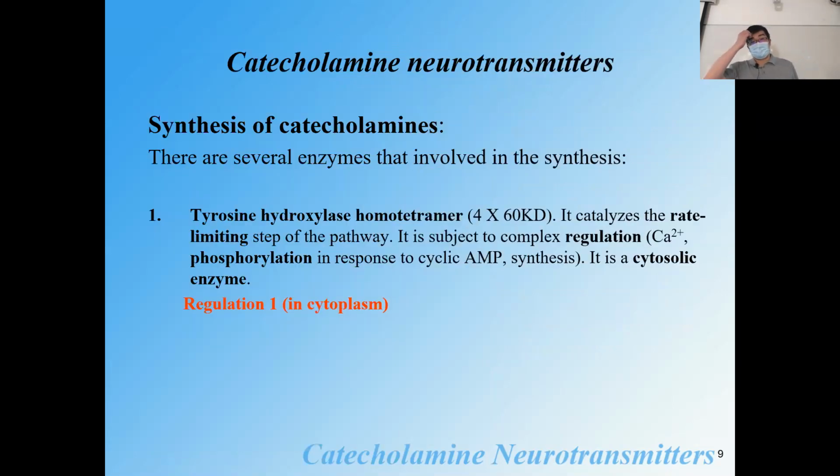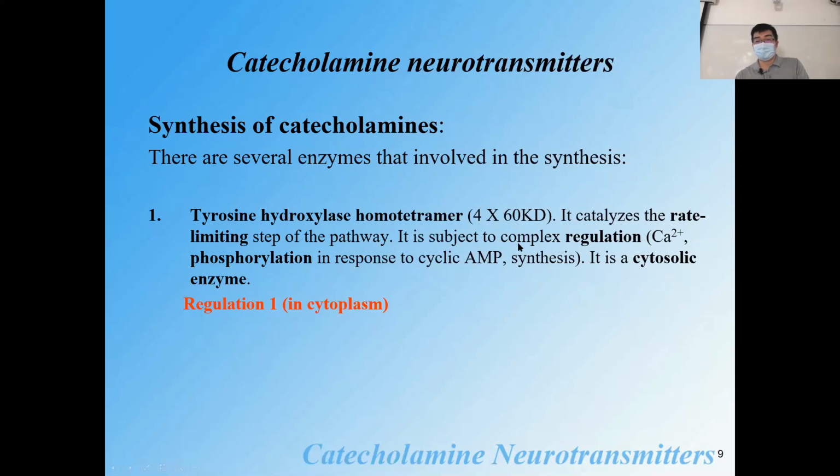So in the synthesis of neurotransmitters, there are several enzymes involved, including tyrosine hydroxylase. If you still remember from receptor signaling, we talked about how tyrosine hydroxylase is controlled by phosphorylation and activated. So we will talk a little bit about it. It is the rate limiting step of the pathway.